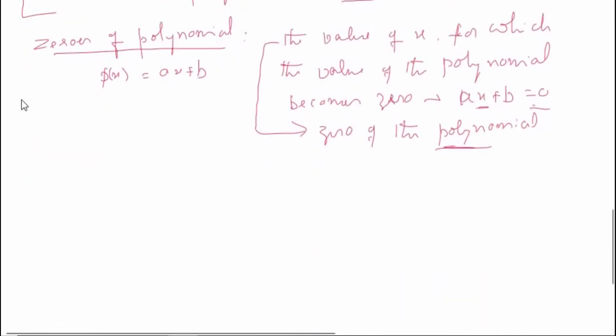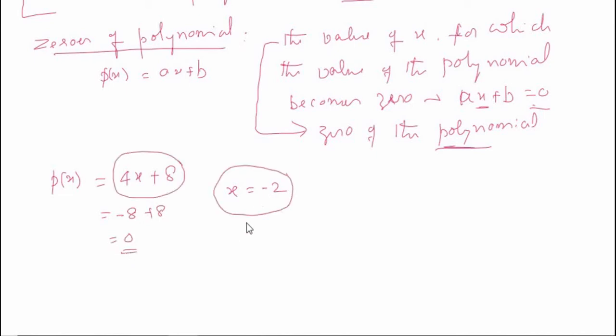Let us take some example. An example, polynomial in variable x. So it is 4x plus 8. Now let us substitute the value of x equal to minus 2 in this polynomial. So it becomes 4 into minus 2 minus 8 plus 8, that is 0.